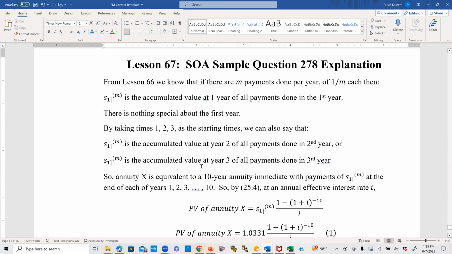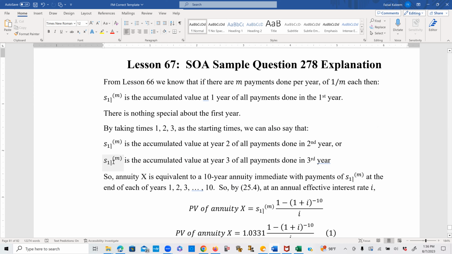Similarly, it can be viewed as the accumulated value at year 3 of all payments done in the third year. So the point is that it's all payments done in 1 year. If you evaluate those at the end of that year, taking the beginning of that year as the starting point, then the accumulated value at the end is S1M.